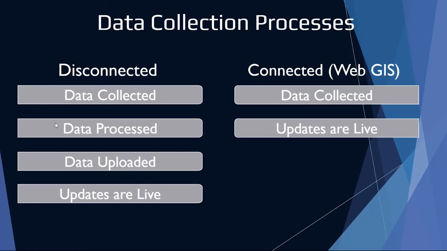And then at the end of the week or day, you have to go process this data. So you're offloading at the office at the end of the week, and then you're outputting like a shape file or something like that. And then you upload this shape file, and then everything is live. Everything is in one place at that point. So a little bit lengthier of a process, versus just collecting data and having it available to everybody immediately.